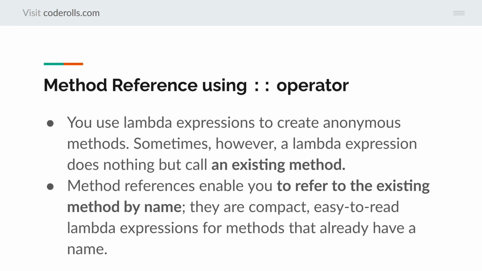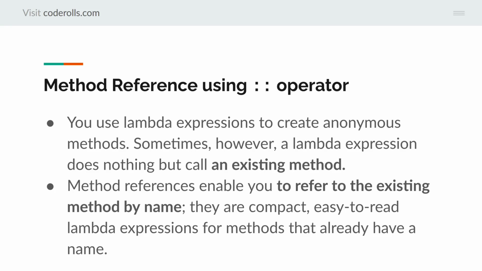As discussed, we have seen functional interfaces, and we know that a functional interface should have only one abstract method. To write the implementation logic of that abstract method, we have written many lambda expressions.